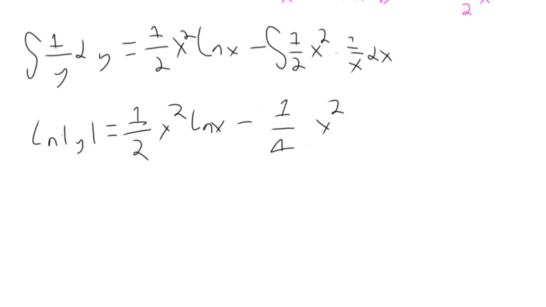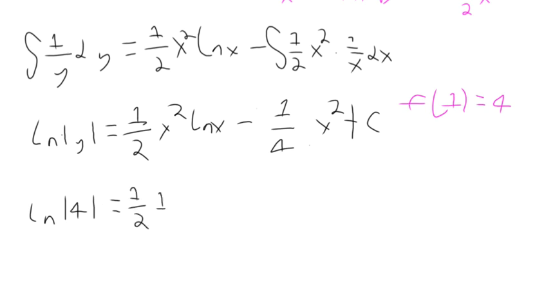And we have an initial condition. I know it's not on the screen anymore, but it was that f of 1 equals 4. So when I plug that in right here, oh, and I'm going to have a plus c right here before I do that. So I have the natural log of the absolute value of 4 equals 1/2 of 1 squared times the natural log of 1 minus 1/4 of 1 squared plus my constant.